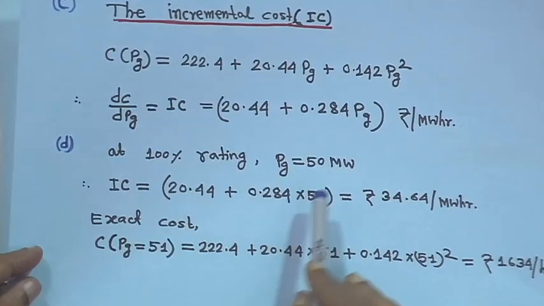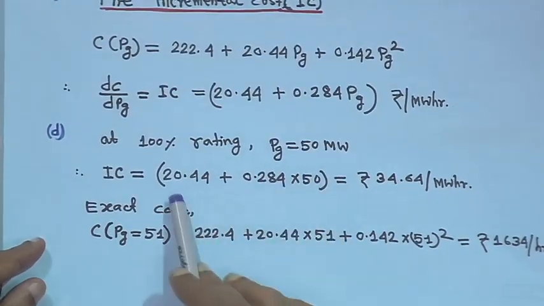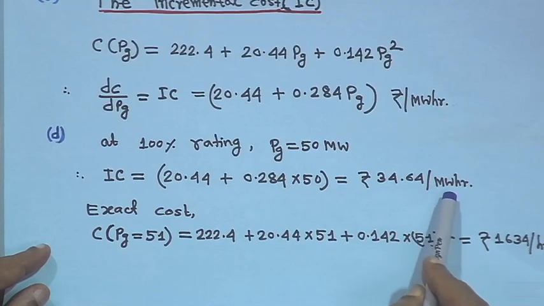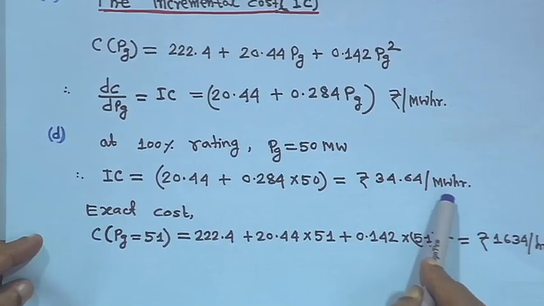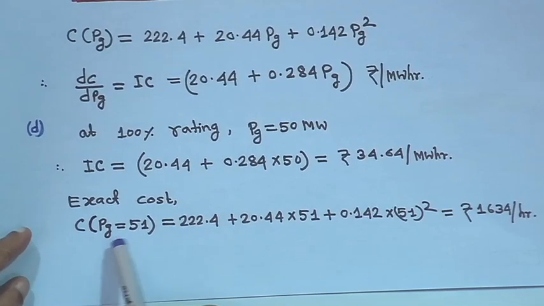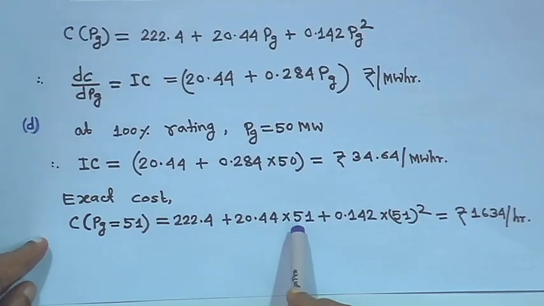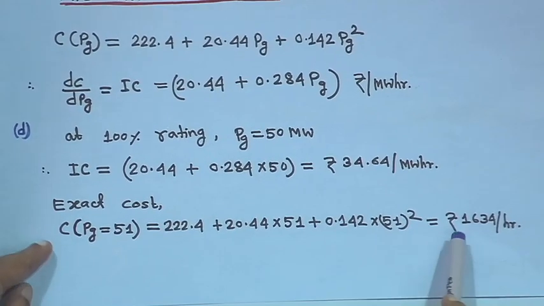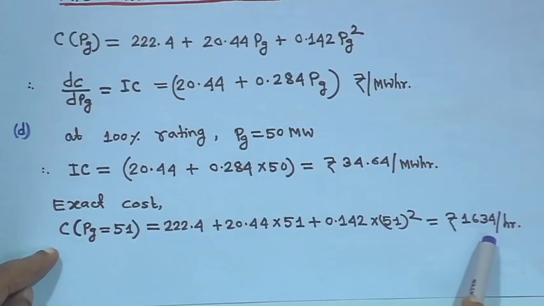Now at 100% rating, Pg is equal to 50 megawatt, therefore IC will be rupees 34.64 per megawatt hour, and the exact cost for C(Pg), if you substitute in that expression, is rupees 1634 per hour, right.